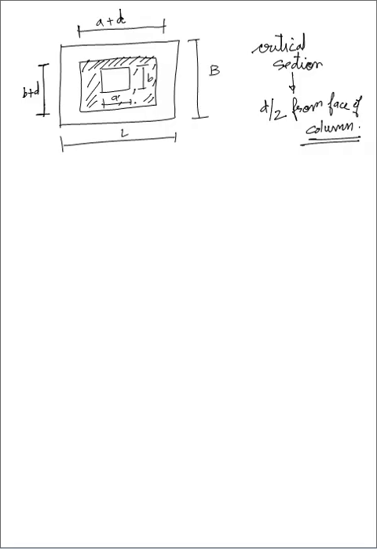Now here the twist is, you have to imagine that when two-way shear takes place, it is basically punching. Punching means it is making a puncture, trying to make a hole.